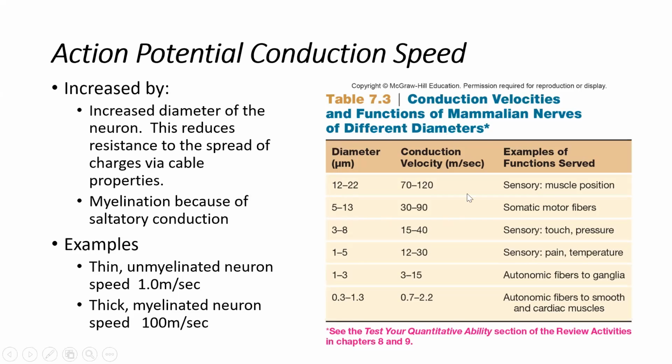So we can think about some examples here as far as the variation of diameter and the variation of conduction velocity. So we can think about small, tiny fibers, for example, our autonomic fibers, smooth muscle fibers, cardiac muscle fibers, really small in diameter, really slow as far as their conduction velocity.